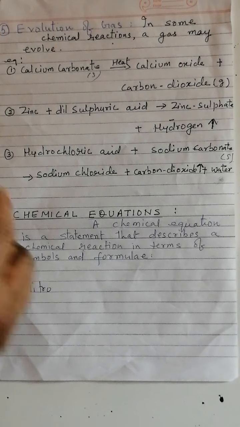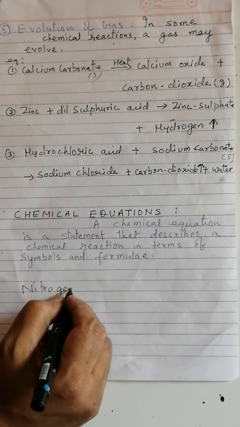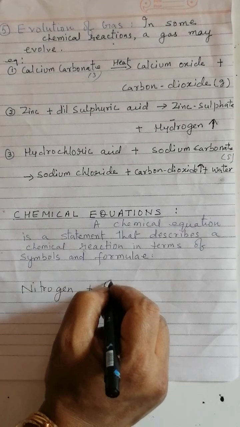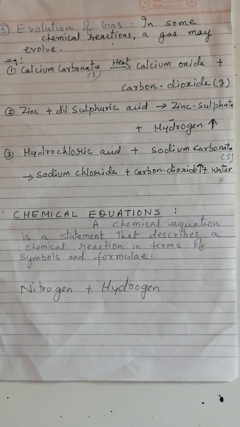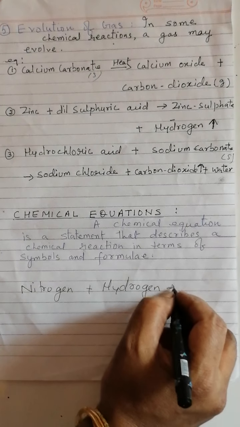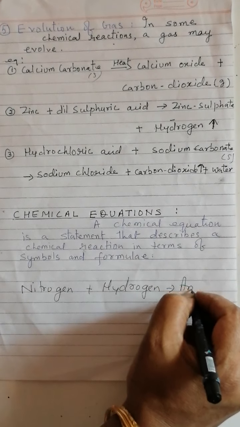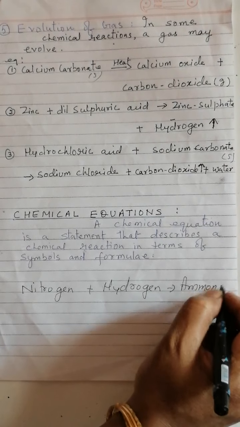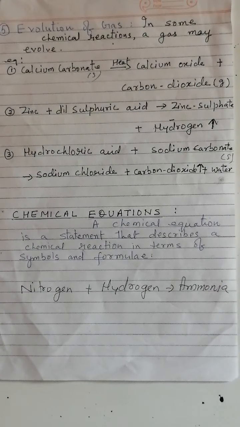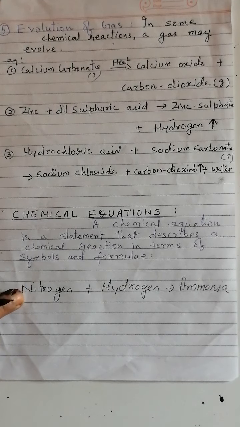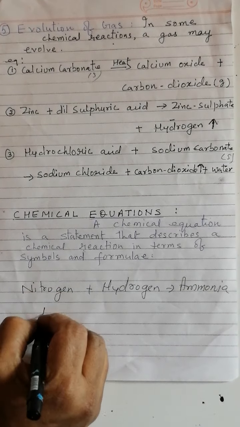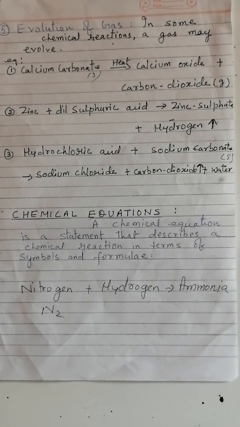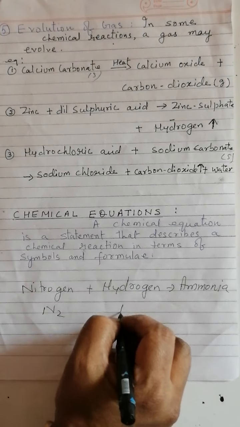For example, nitrogen reacts with hydrogen to form ammonia. The chemical formula for nitrogen is N2 and that of hydrogen is H2.